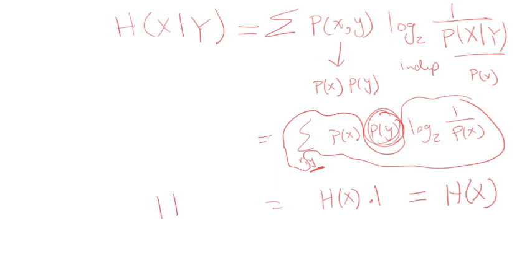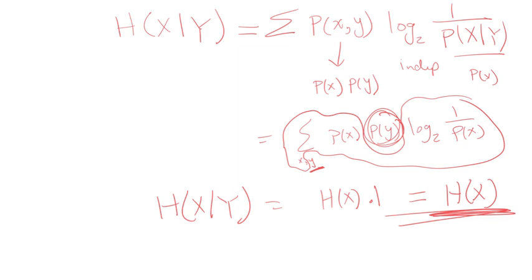So for the case of independence, the uncertainty about x given y stays the same. It's the uncertainty about x, because knowing y did not add anything for me. So the maximum value for the conditional entropy is the entropy of the unknown part, not the given part. Clear?